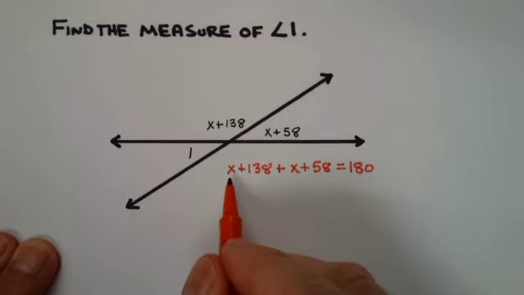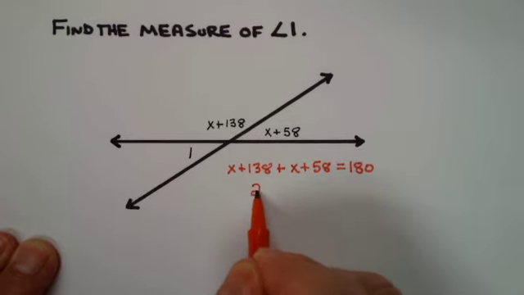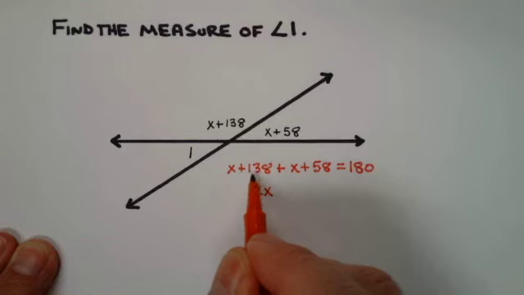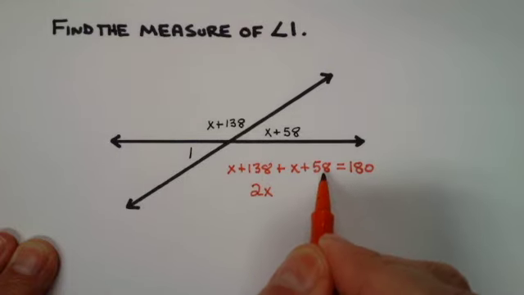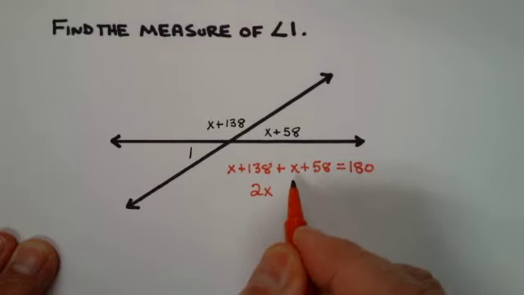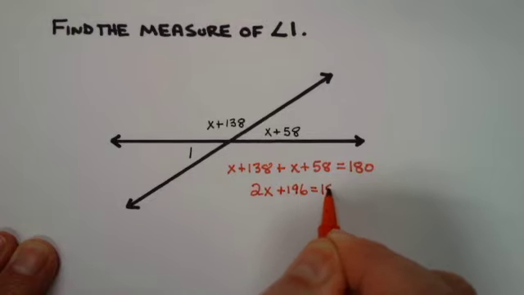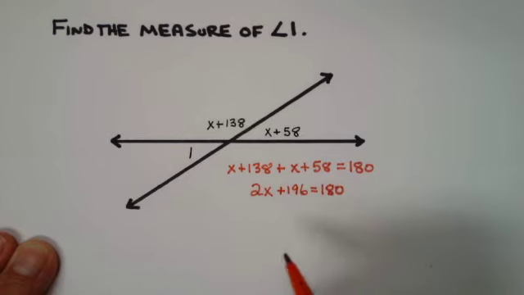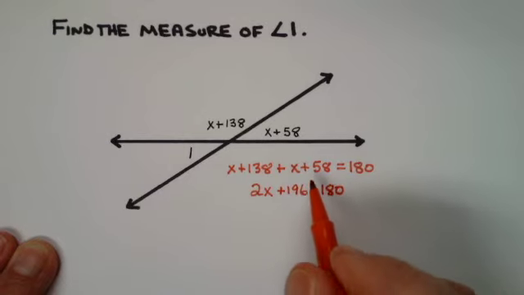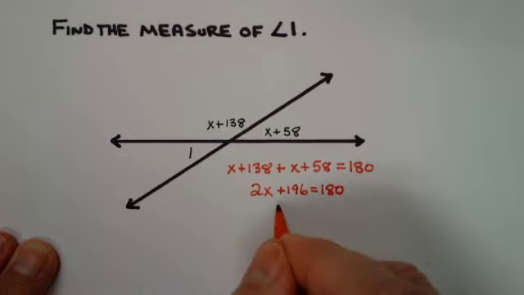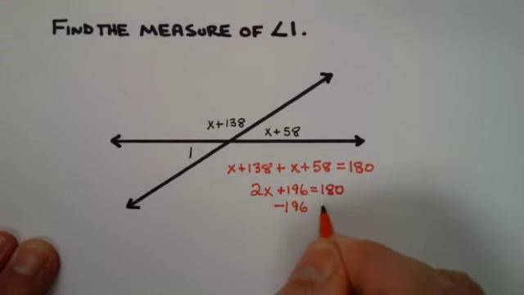Combine like terms. I combine my x's together, I get 2x. I take 138 and add 58. When I add those together, I get 196. So I have combined like terms. Next thing I need to do is do the opposite of plus 196, minus 196 from both sides.